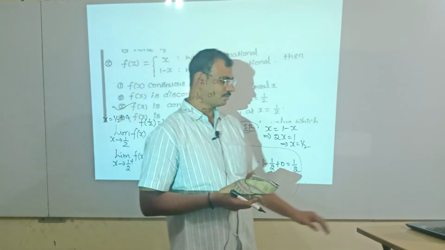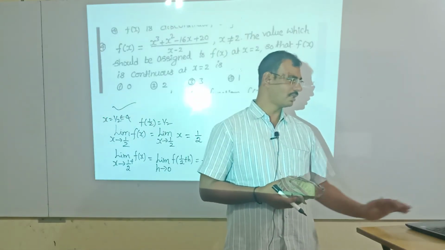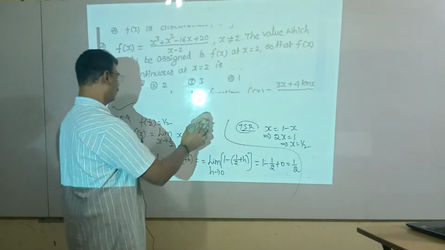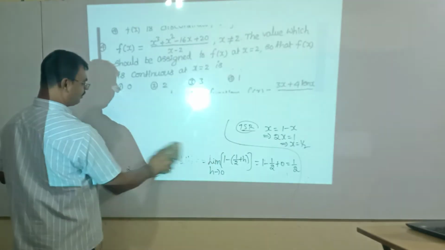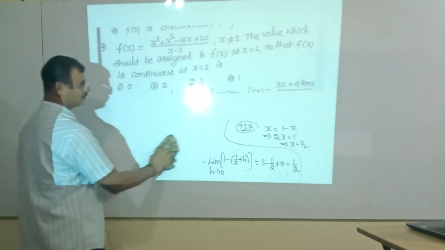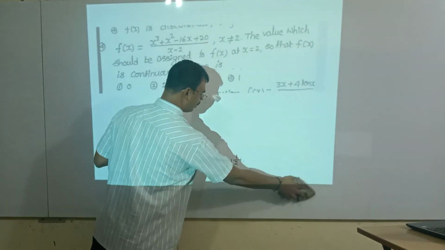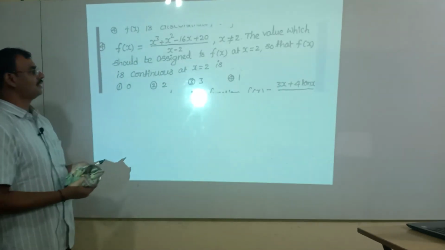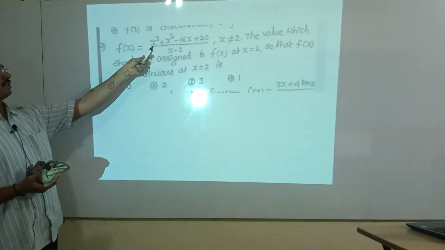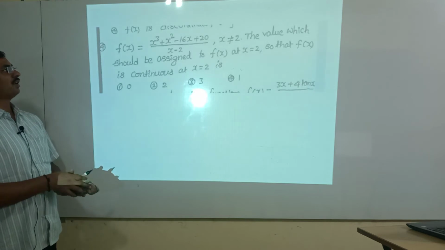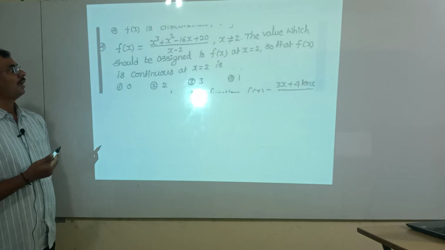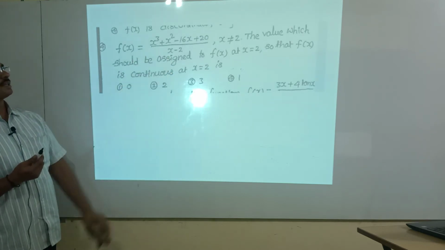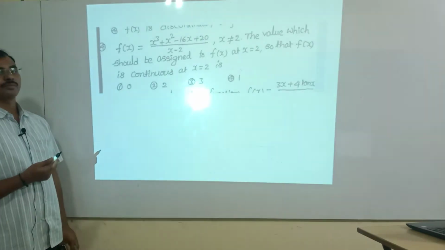Then the fourth question. What is the fourth question? See the problem. f of x is equal to x cube plus x square minus 16x plus 20 divided by x minus 2, where x does not equal 2.